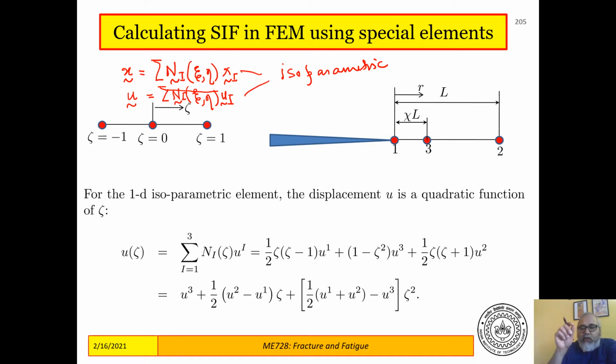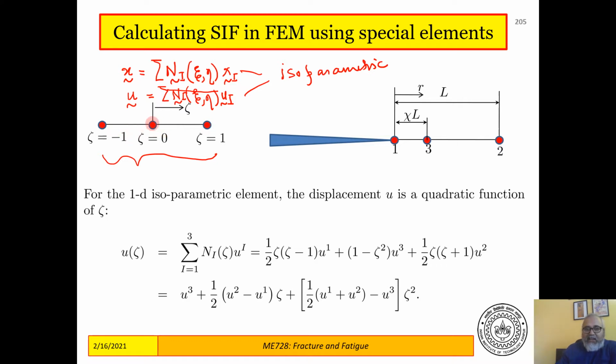But we will start with the 1D isoparametric element whose parent is of this type. So this is the parent element where zeta is the only parent coordinate, and it has nodes at zeta equal to -1, zeta equal to 1, and zeta equal to 0.